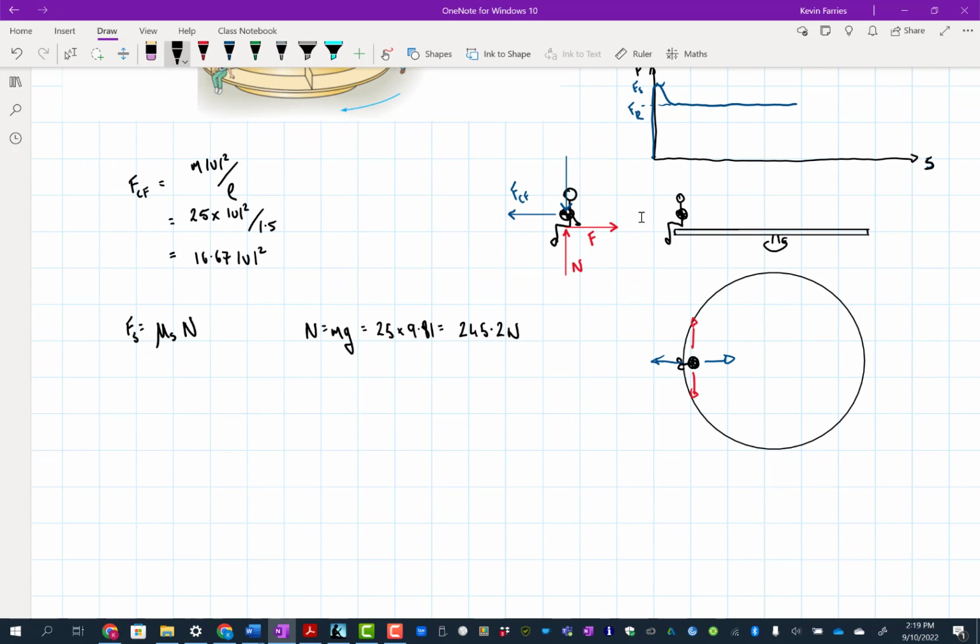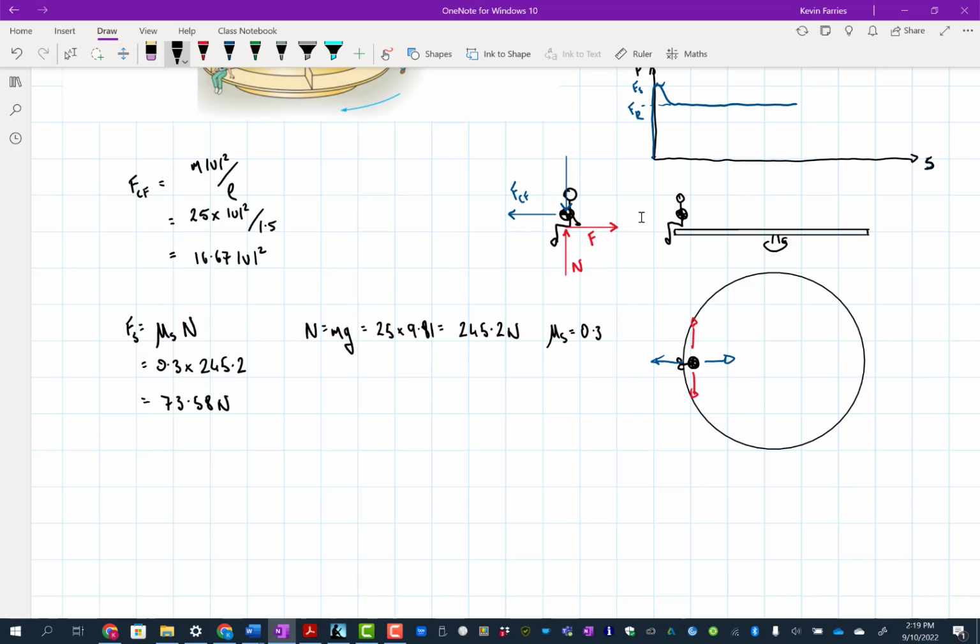We also know mu_s is 0.3, the static coefficient of friction. So 0.3 times the normal force, 245.2 newtons, is equal to 73.58, say, 73.58 newtons.